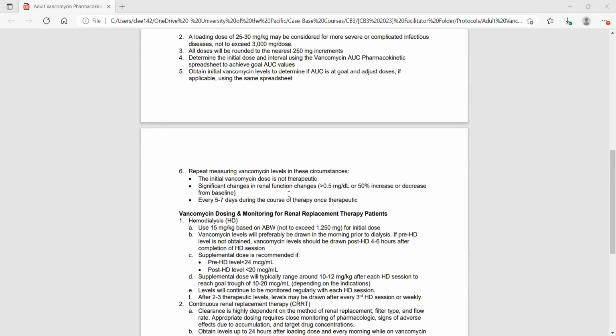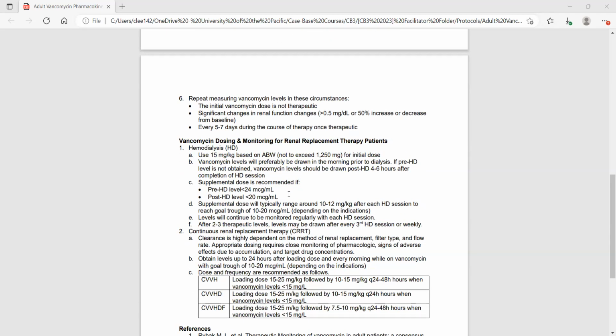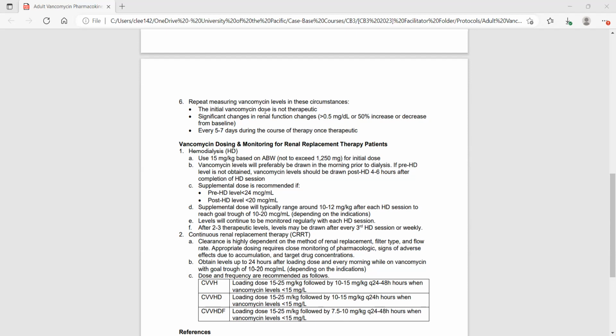So if they have AKI after being stable on a vancomycin dose, your level might be supratherapeutic, right? Because their clearance is decreased. And then if their AKI resolves again, their clearance is gonna be faster, and you might want to increase the dose for vancomycin.